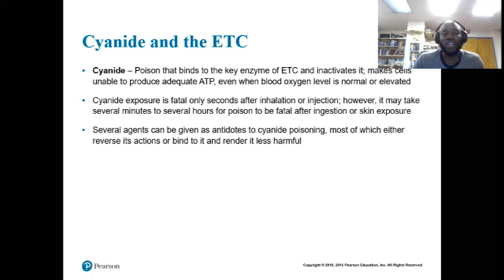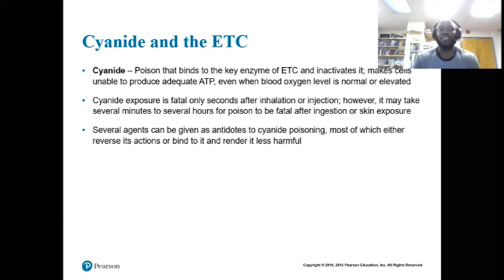But cyanide, the reason why it's so poisonous is that it binds to the key enzyme of the electron transport chain and inactivates it. So your cells cannot produce ATP, even when oxygen levels are what they're supposed to be. Cyanide is very fatal.